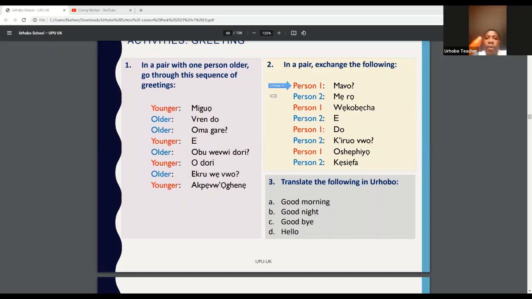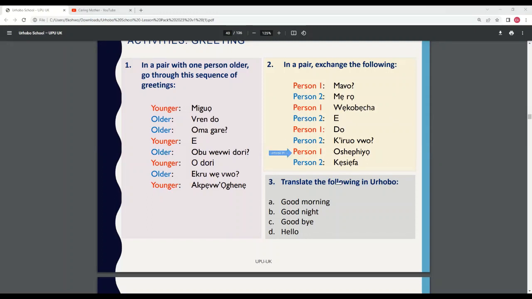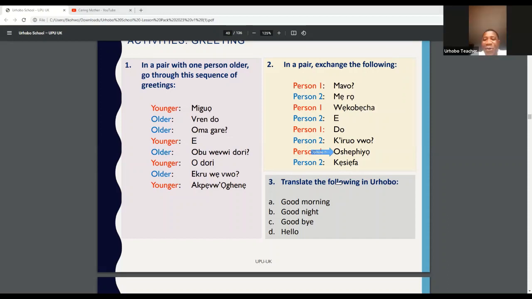I'm really stuck on the pronunciation for that Urhobo. How are you pronouncing that PH? I'm really struggling. I thought it was like an F, like in English. Yeah, for now, the best thing you can do, make the P silent, and you will be fine. Just make the P silent, and try and pronounce it.